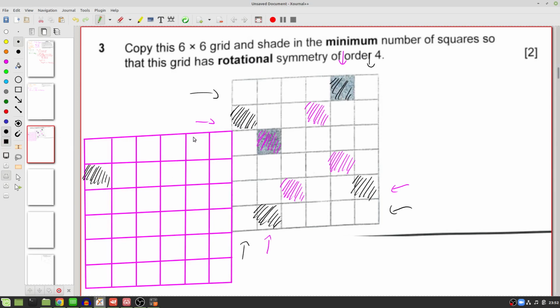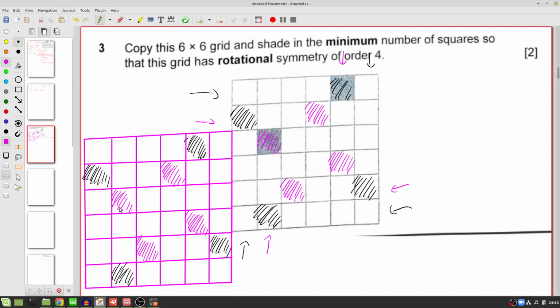We've got this one, and this one here, and this one here. And then the pink ones. There we've got this one, this one, this one, and finally this one.